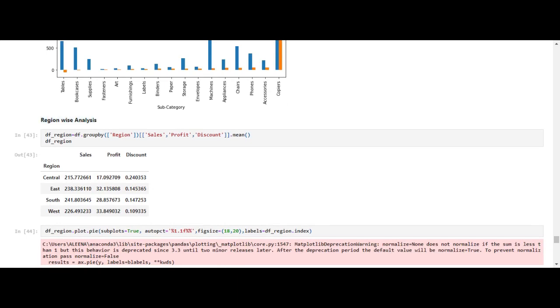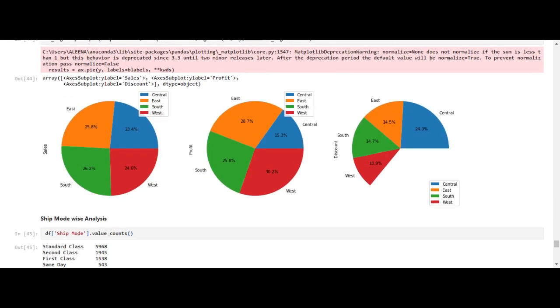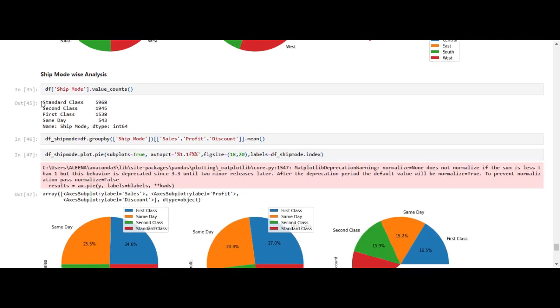West region had the highest profit compared to the rest of the regions. Finally, in the shipment-wise analysis, sales was high for the items shipped on the same day.